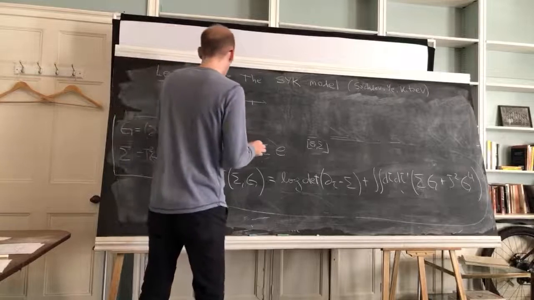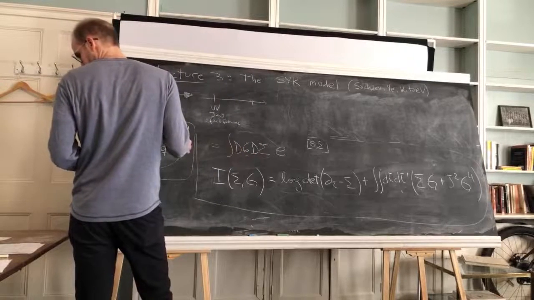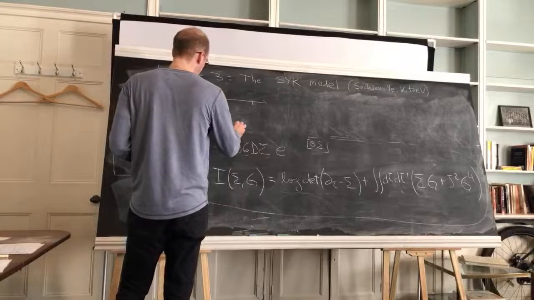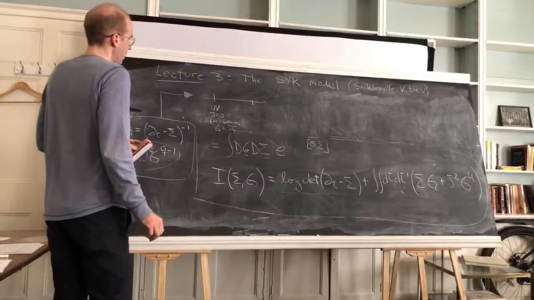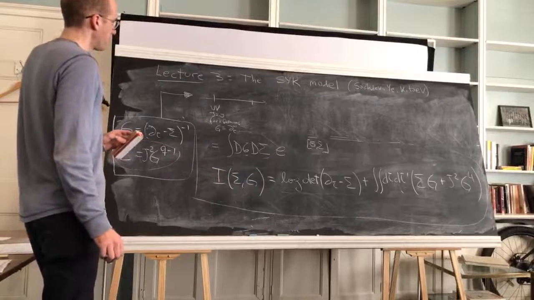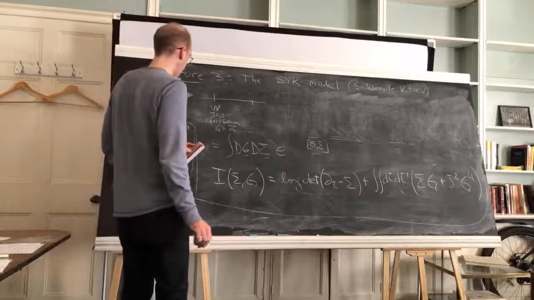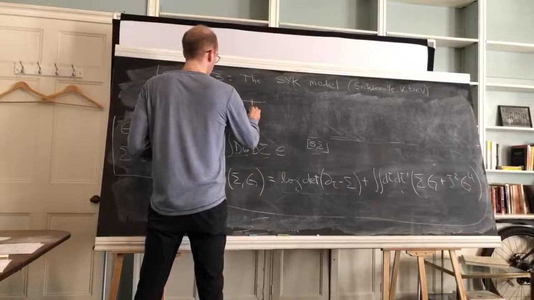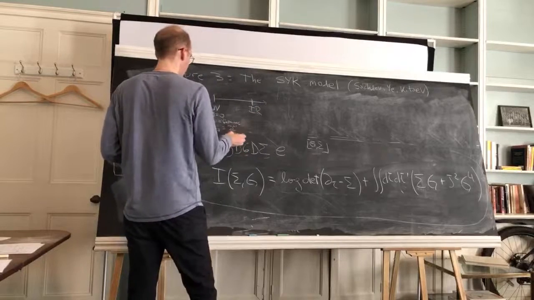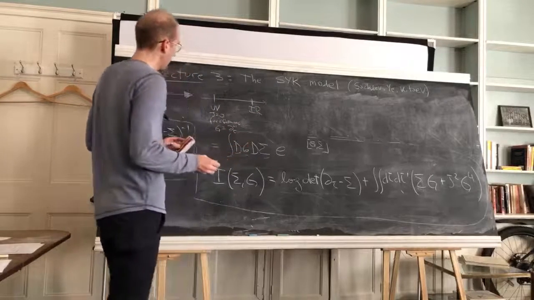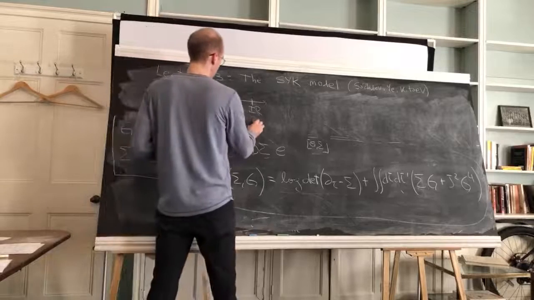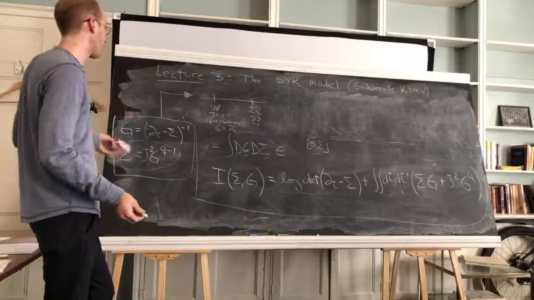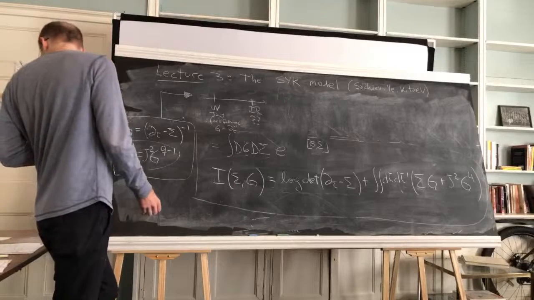And here we said that G is just 1 over d tau, or something like that. And somehow we want to go into the IR, and we want to see what happens with the solution over here. In principle, we have the equations that will tell us what is going on over there.